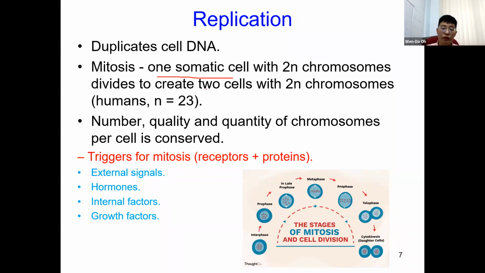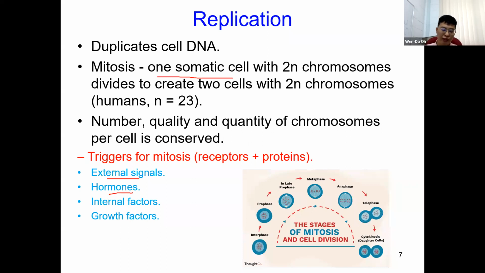Usually for mitosis, the quality and quantity of chromosomes are preserved, and the trigger for mitosis to happen will be external signals. Signals from your body to say that this part of the body is injured, then your cells start to divide to repair itself.